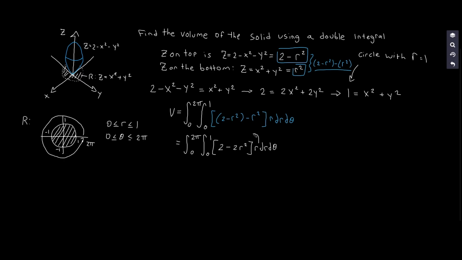Then it's time for the distribution of r into the integrand. So if we do that, it's going to be the integral from 0 to 2 pi times the integral from 0 to 1 of r times 2, 2r minus 2r cubed, dr d theta. So now I'm going to set this thing up.